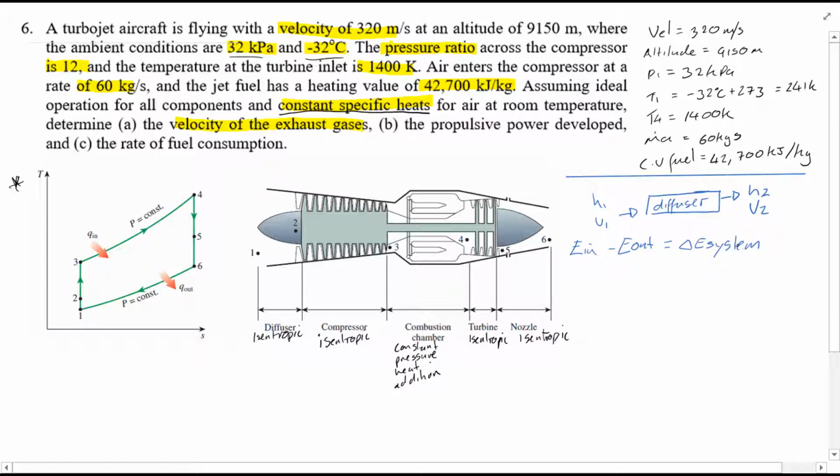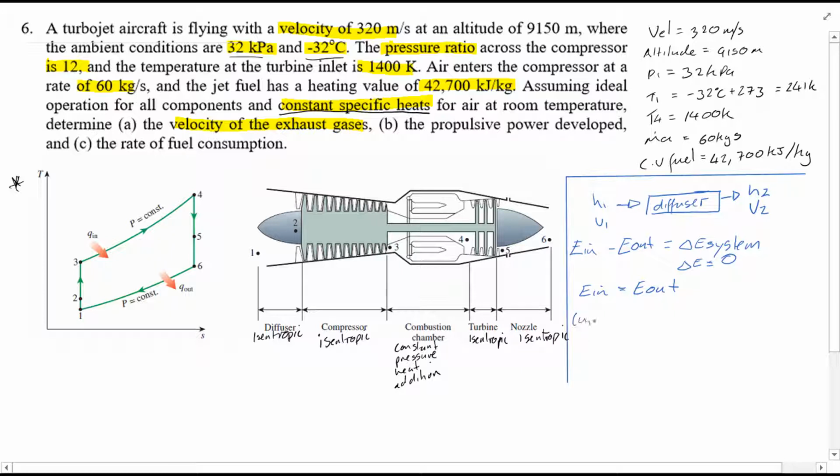Since this is a steady flow system, we know that the energy change within the system is equal to 0, and therefore E in is equal to E out. So there's no heat or work transfer and no change in potential energy.